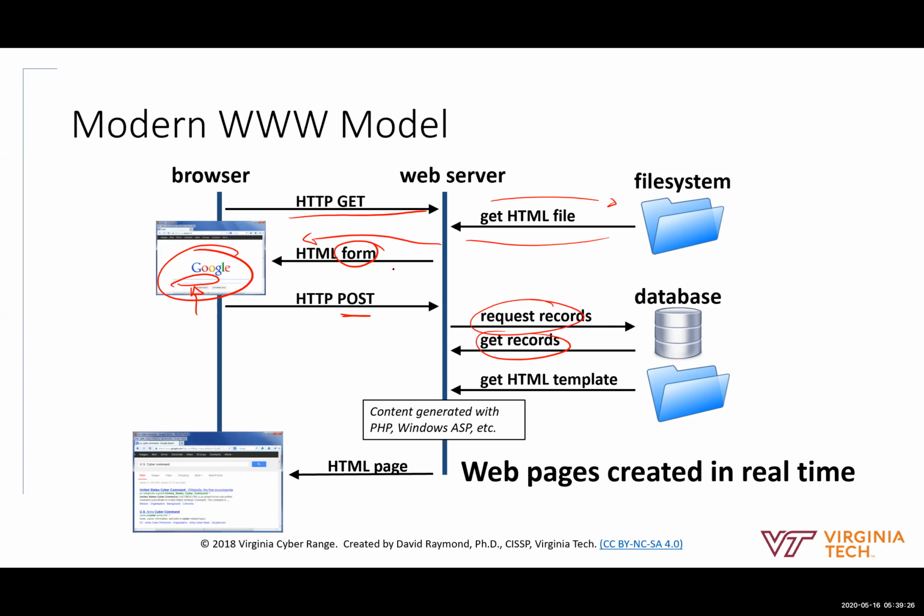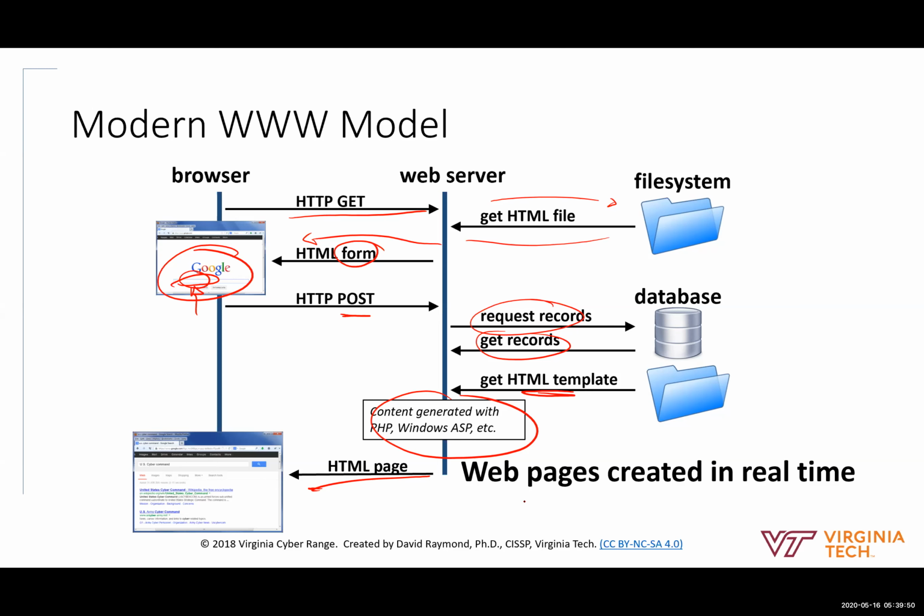So whatever I type into the form here is going to cause this web server to manipulate the database in some way. And then the web server is also going to grab this web page template out of the file system, and then it's going to dynamically generate the content that's returned to me. So this content is going to be unique to whatever I typed into this form.